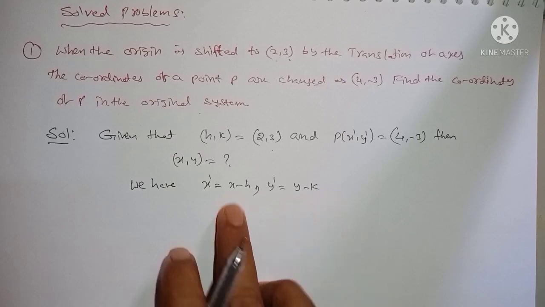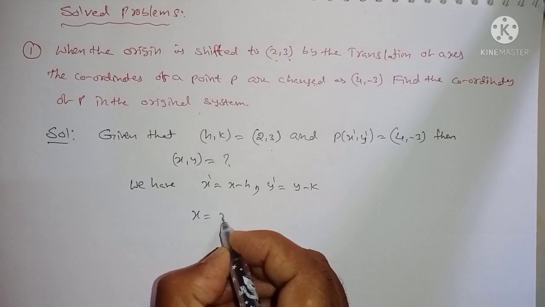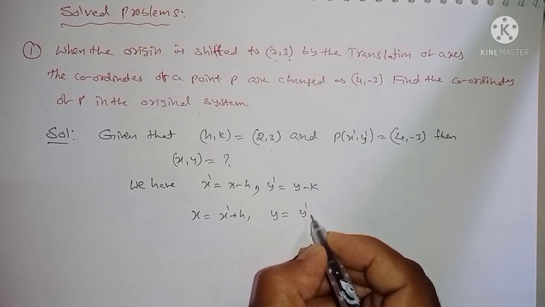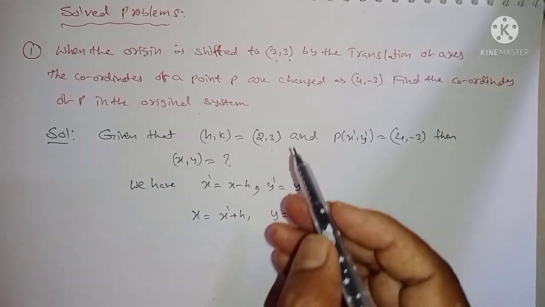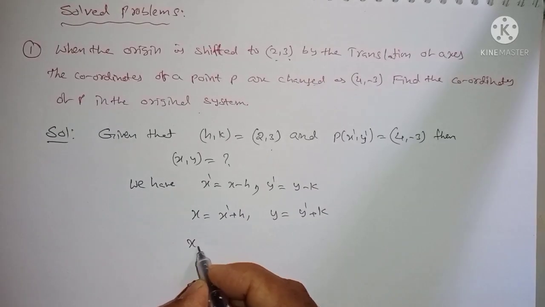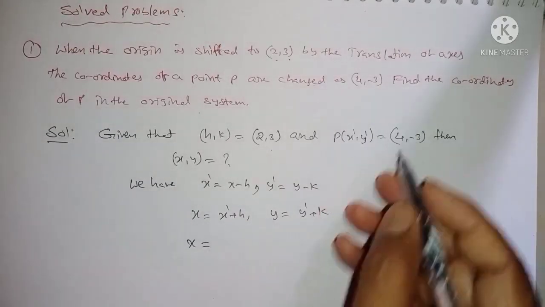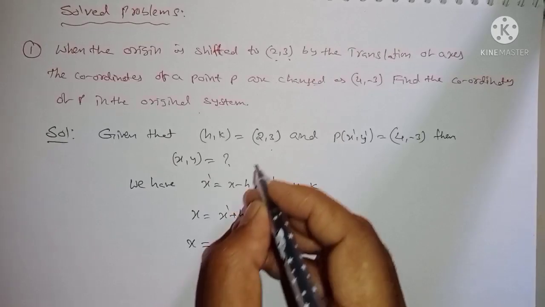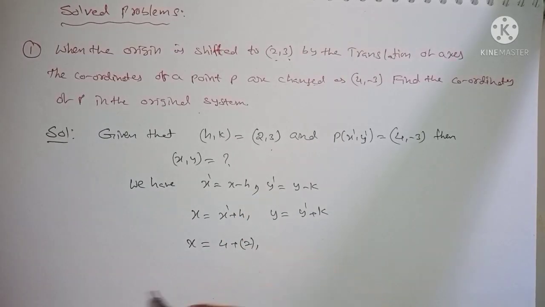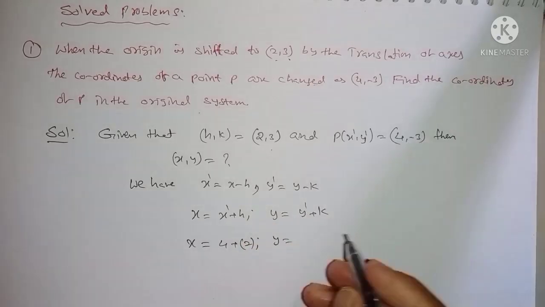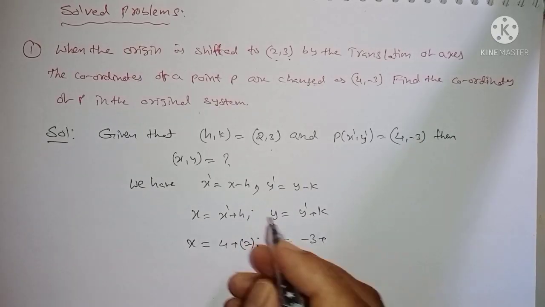We want here x, so you can write here x is equal to x dash plus h, and y is equal to y dash plus k. Substitute the x dash value, y dash value, and h comma k values. x is equal to, x dash is nothing but 4 plus h, h is 2 only. y is equal to y dash is nothing but minus 3, plus k is nothing but 3.